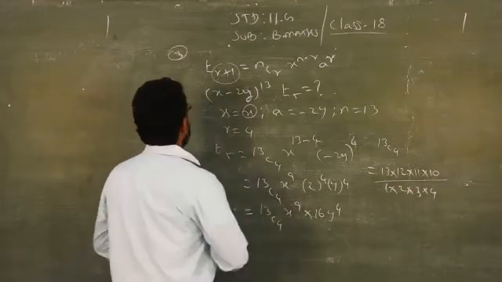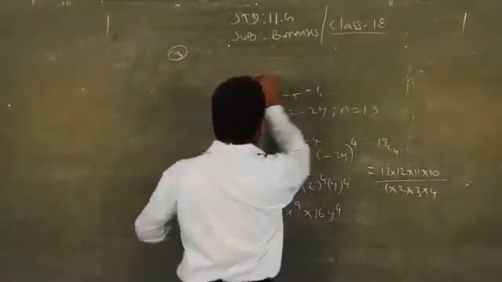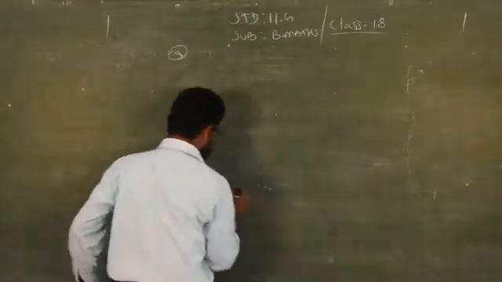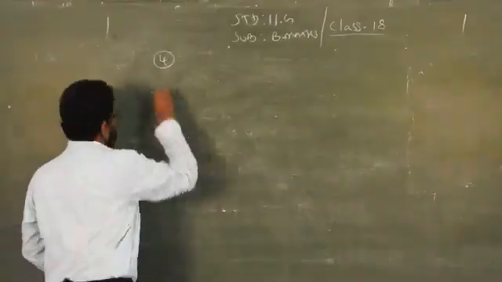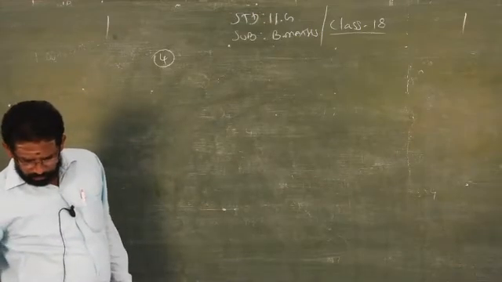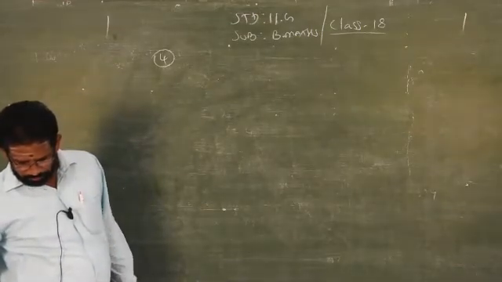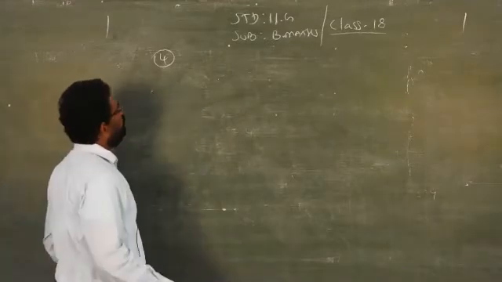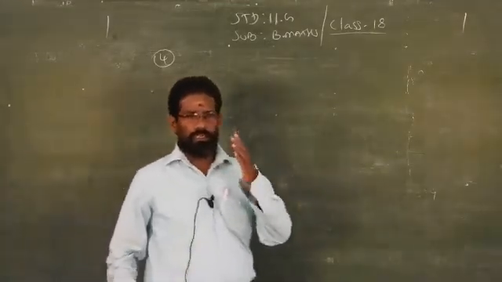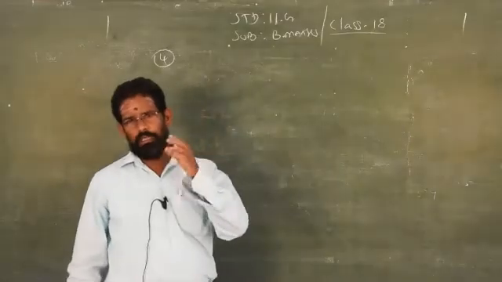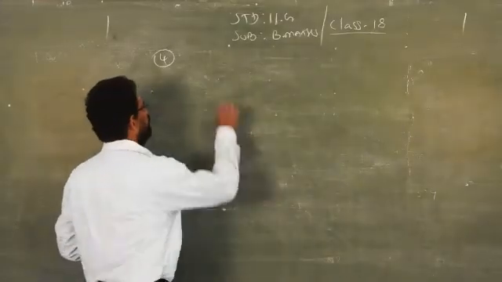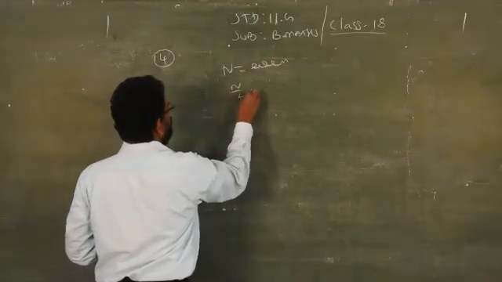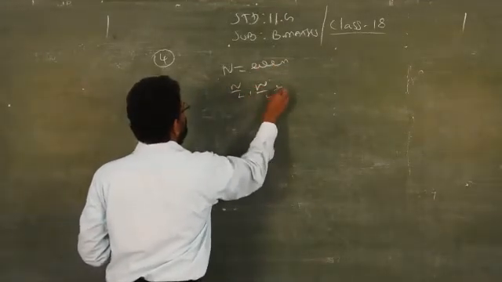Question number 4, same formula. Find the middle term of the expansions. So to find the answer for this sum number 4, the middle term, just recollect the statistics, the median concept. When the capital N is an even number, you know the formula n by 2, n by 2 plus 1.